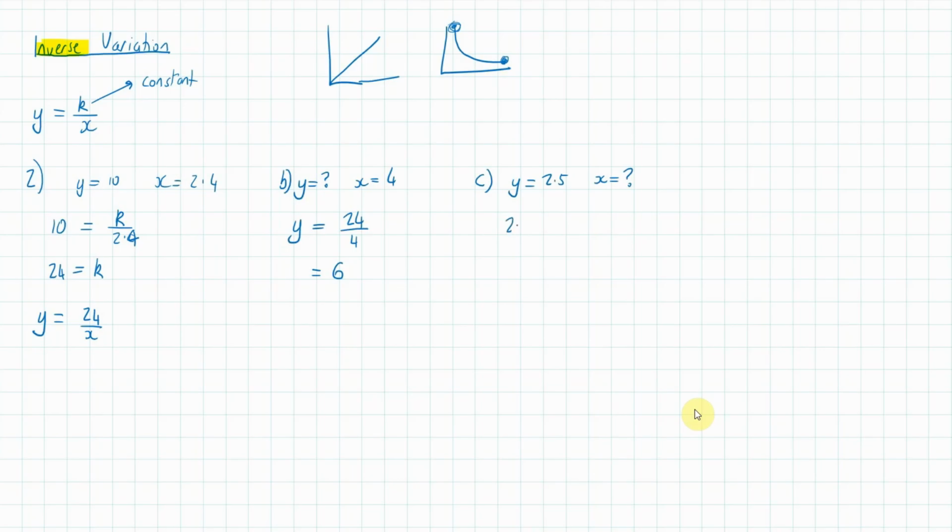So 2.5 is equal to 24 over x. We can rearrange this, so x is equal to 24 divided by 2.5, and when we plug that in we get 9.6.